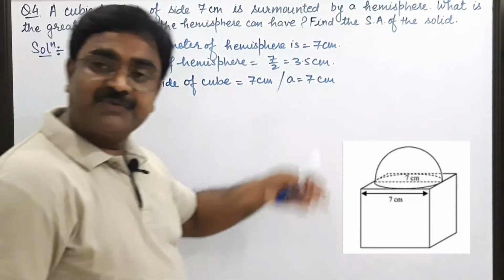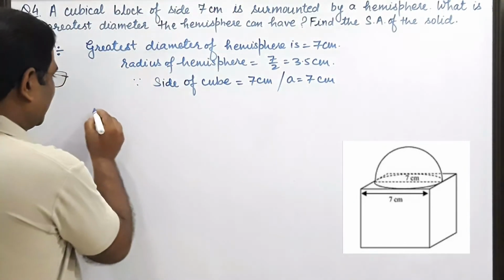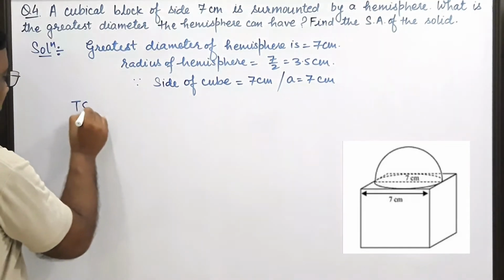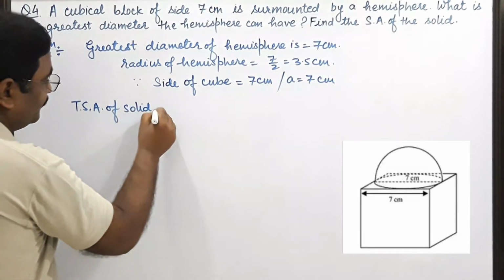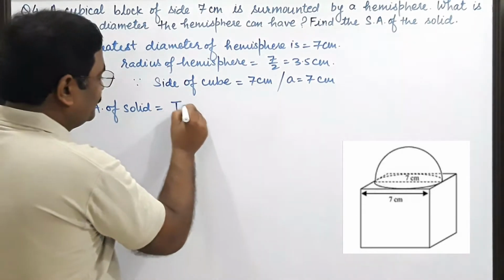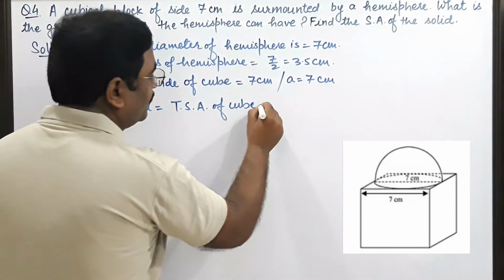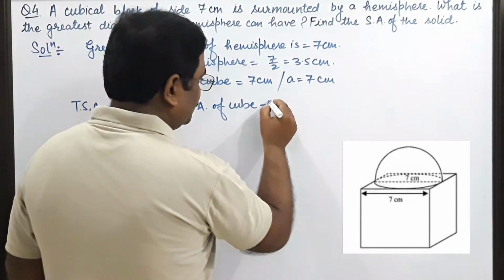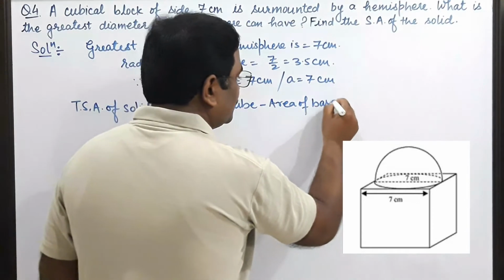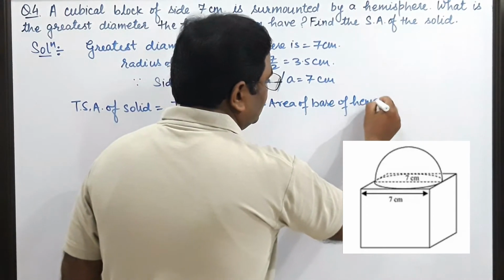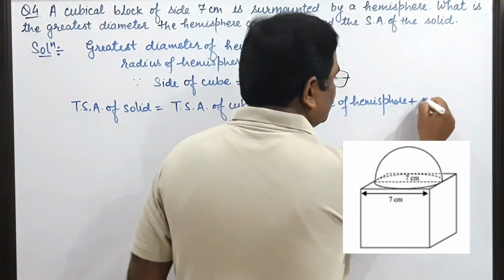So to find the total surface area of the solid obtained by the combination of these two solids, TSA of solid obtained is equal to total surface area of cube minus area of base of hemisphere plus curved surface area of hemisphere.